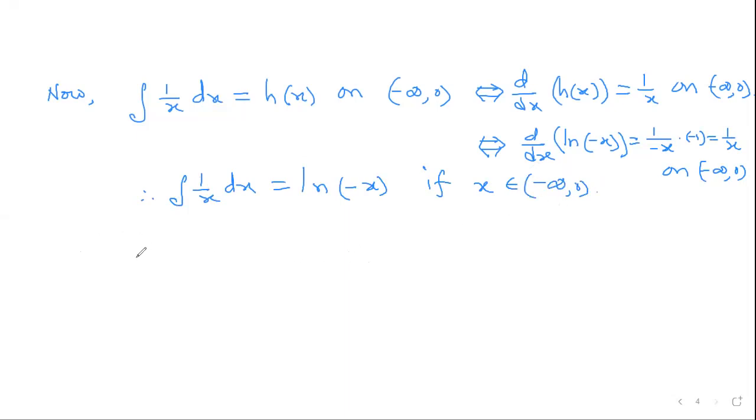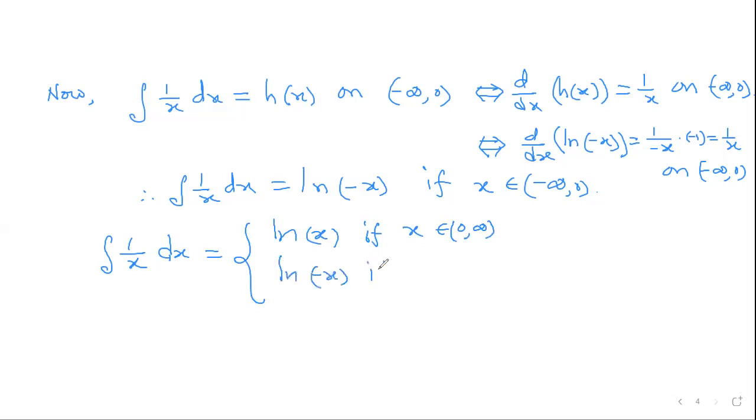So here we are getting something very interesting: the integration of 1 over x is ln of x if x is between 0 and infinity, that is, if x is positive, and ln of minus x if x is negative. So if x belongs to negative infinity to 0, which one we take depends on the initial condition.